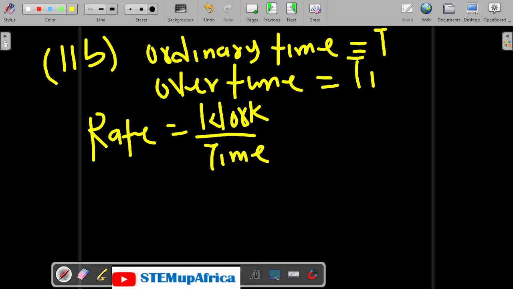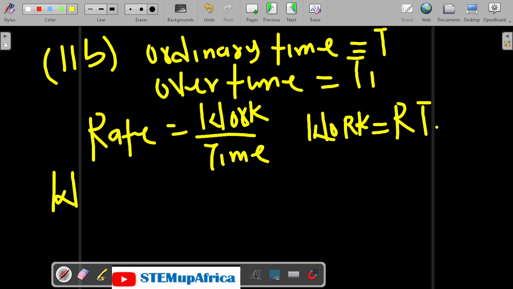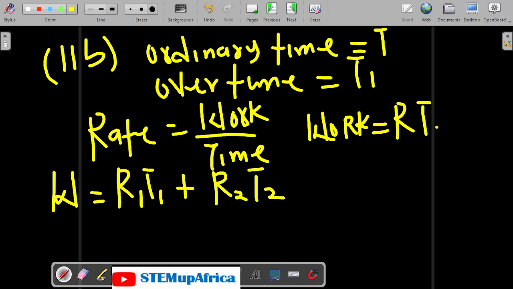So my work is simply rate times time, and the total work will be rate 1 times time 1 plus rate 2 times time 2.